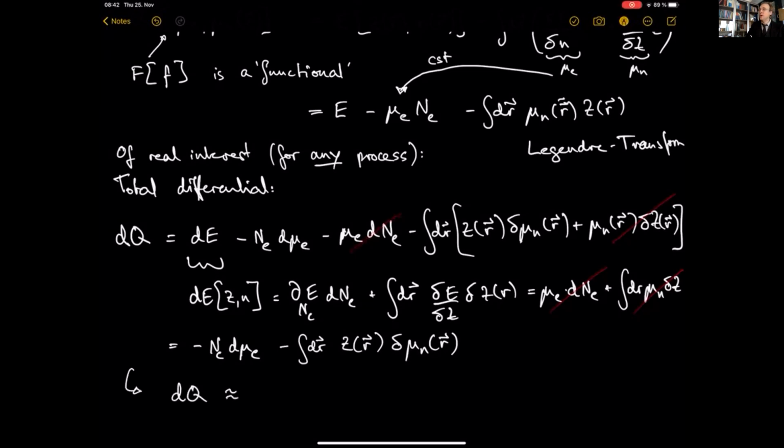This means your dQ is something like minus Ne times changes in your electronic chemical potential, your changes in your HOMO, scaled by your number of electrons, minus the sum over all your nuclei of the nuclear charge at the nucleus times the change in the alchemical nuclear potential at that point.